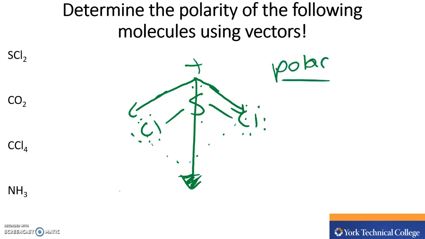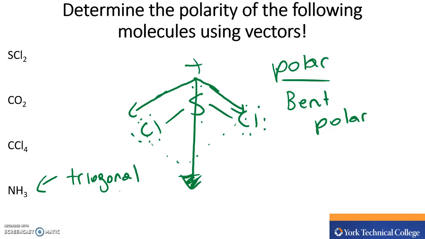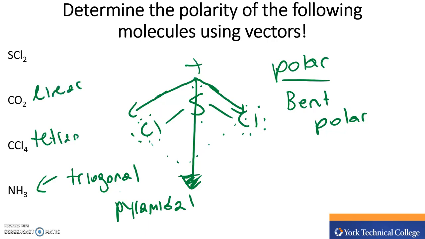So we can develop a trend here. We know that bent molecules are polar. You can also say that trigonal pyramidal molecules are polar, but the linear and tetrahedral geometries are non-polar.